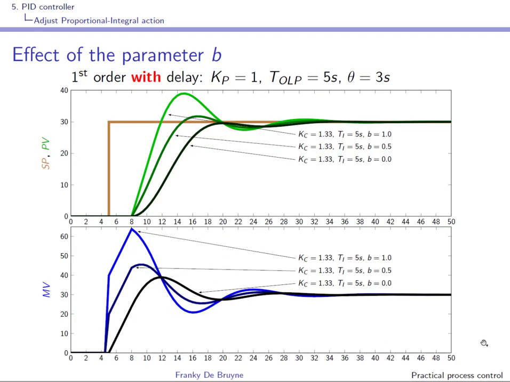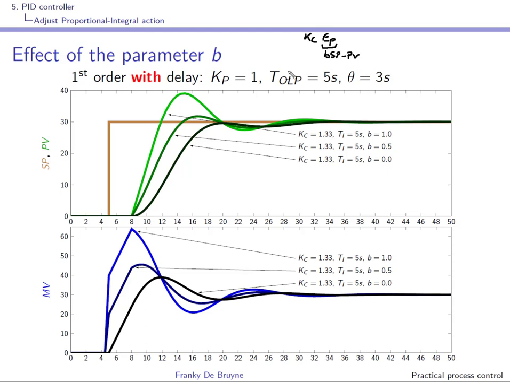Well, as promised, I also have 3 closed loop responses that illustrate the effect of the parameter B. Remember that B comes into the proportional action, Kc times the proportional error, and this proportional error is B times set point minus PV.